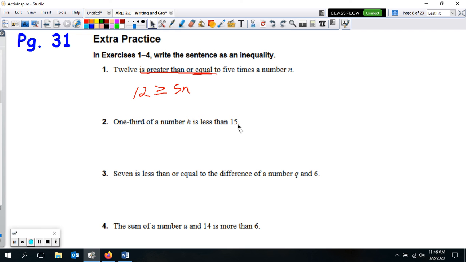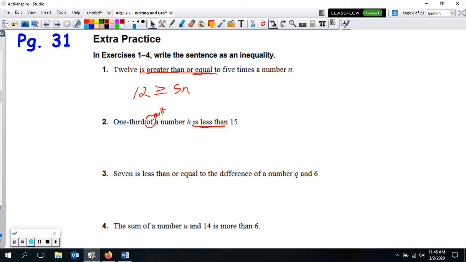Go ahead and pause the video, do the next one. Okay, so our next one here, 1/3 of a number h is less than 15. So the part that you should have underlined here is the is less than right there. That's your middle part. So in front of this is 1/3 of a number h. Now anytime you see the word of, that always means to multiply.